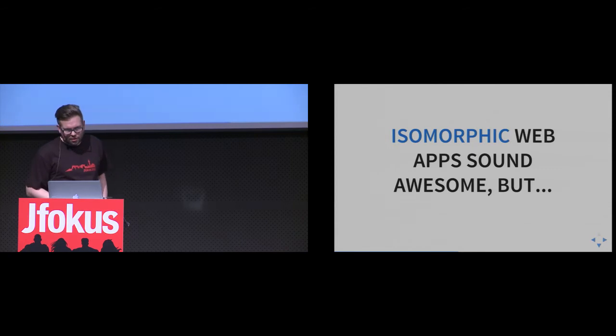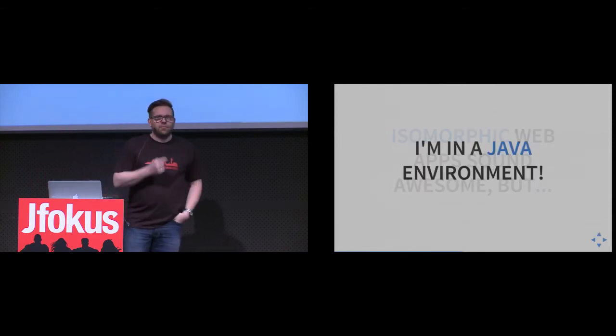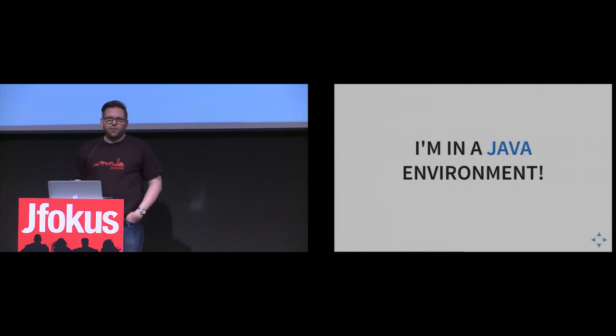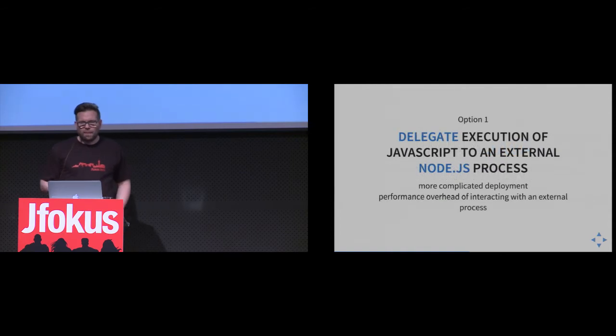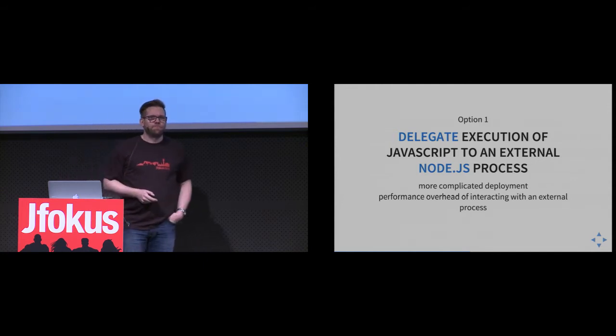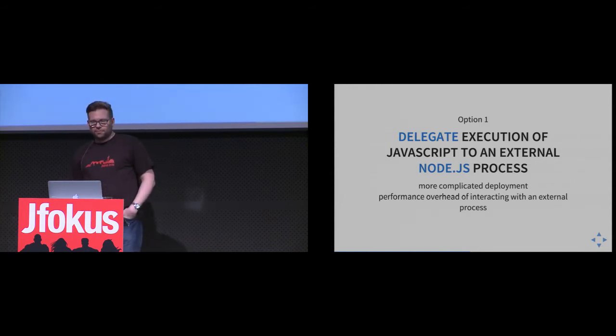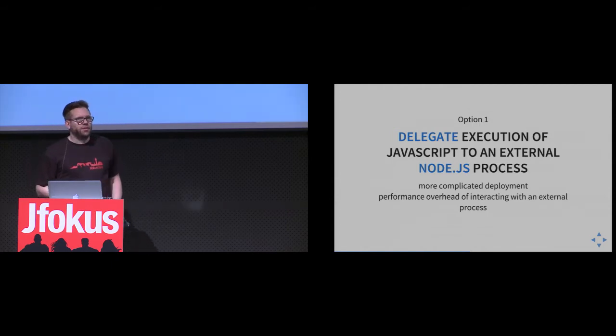So isomorphic apps sound awesome. But what if I'm in a Java environment? Yeah, I have different options. I can delegate the execution of JavaScript to a Node.js process, but there are drawbacks. I have a more complicated deployment, and the performance might not be the best.